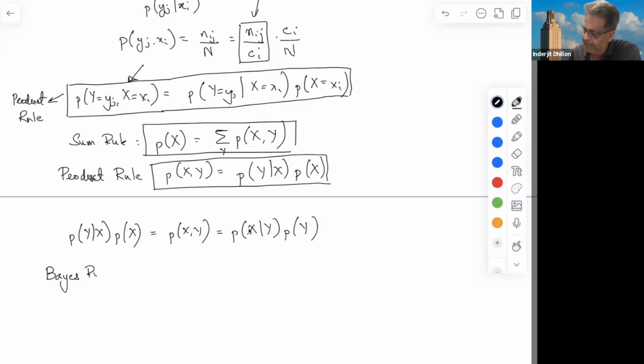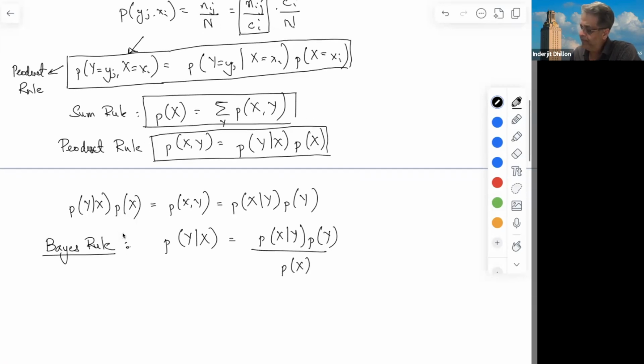This is used a lot in machine learning, especially in probabilistic machine learning. If I want to compute P of y given x, which is something I want to compute, I can write this as P of x given y times P of y divided by P of x.